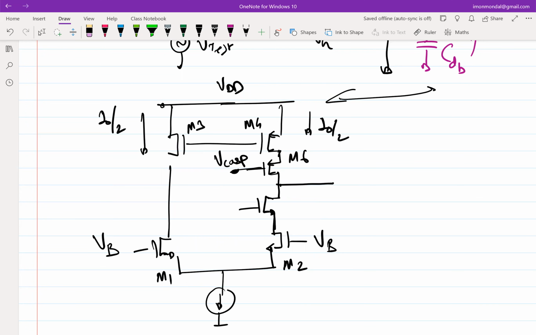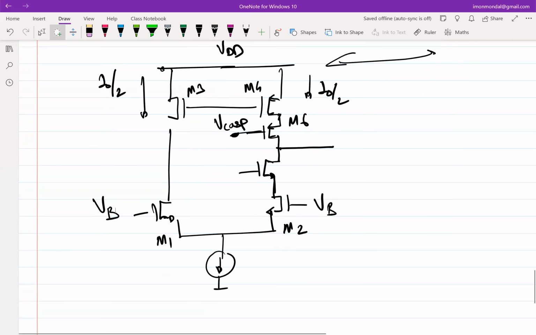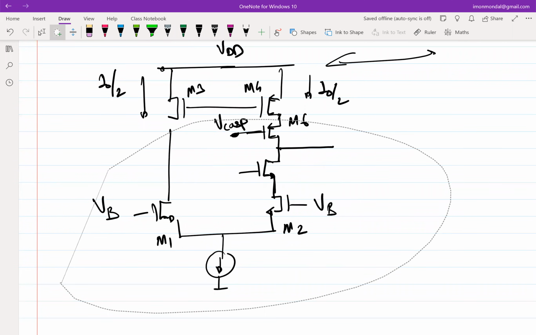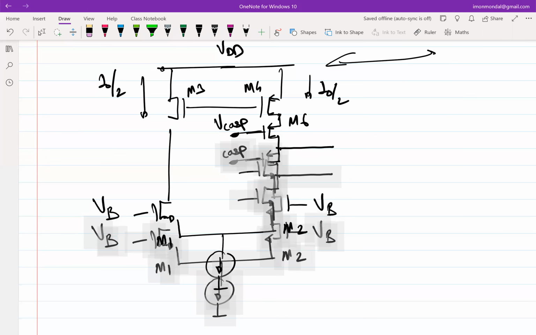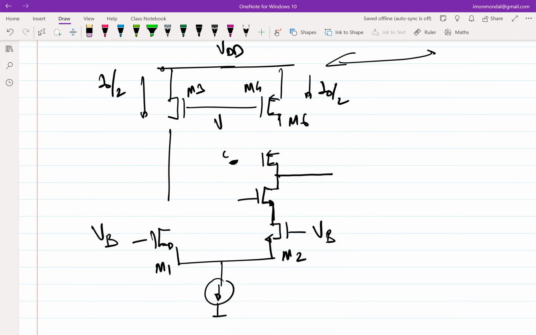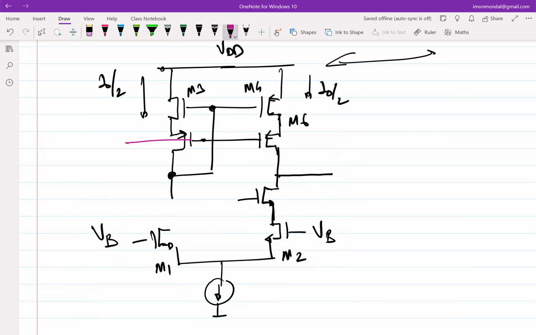I draw it a bit neatly. And this voltage here is essentially, okay.